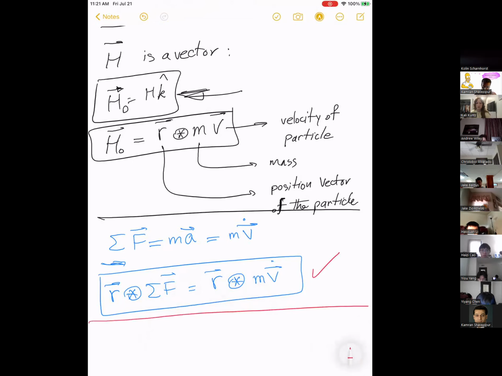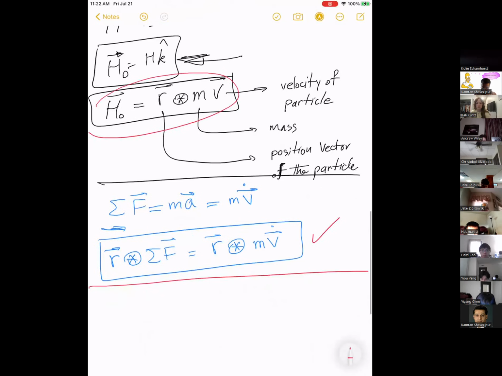And try to find the time derivative of this. So H about O is r cross mv.